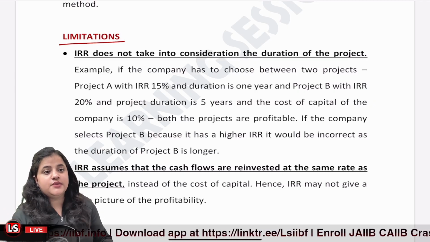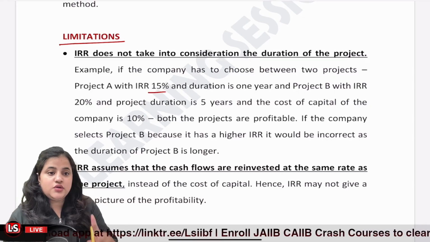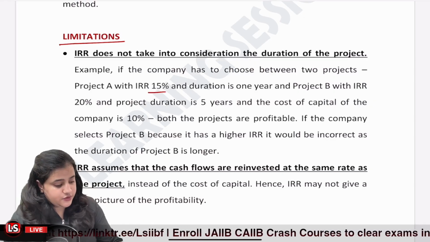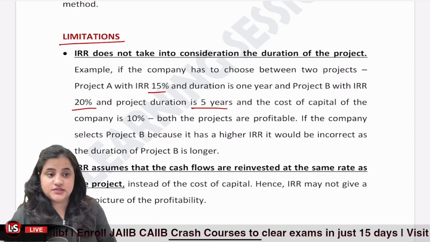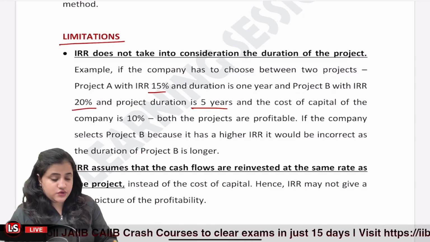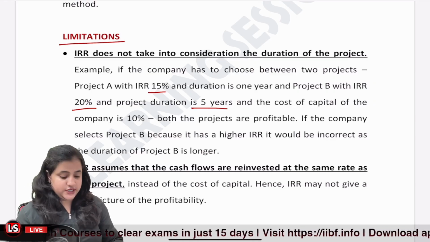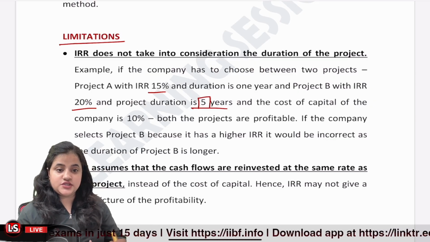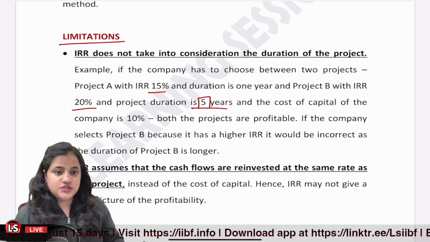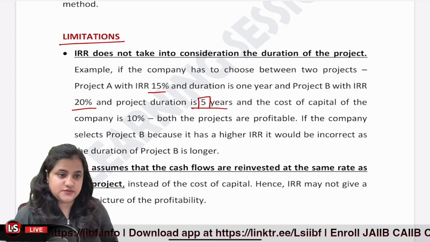For example, if a project is giving me 15% return in only 1 year and the other project is giving me 20% return in 5 years, even though the IRR of project B is higher, the period is also high here, and that is not considered in IRR. So it is not a completely favorable method of taking investment decisions.